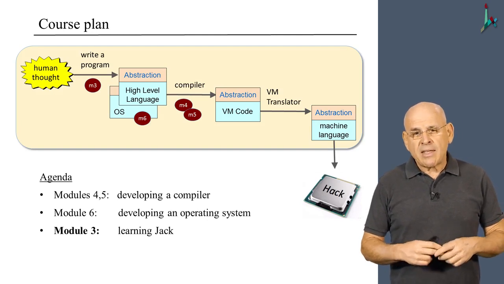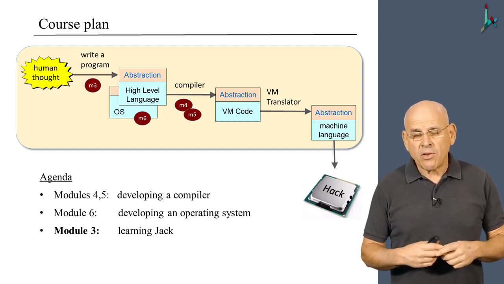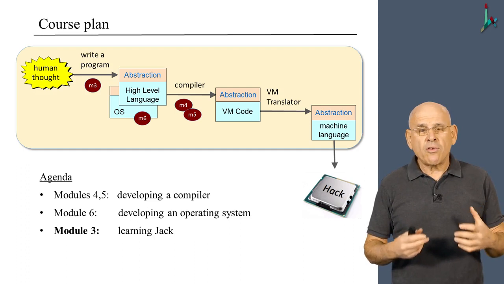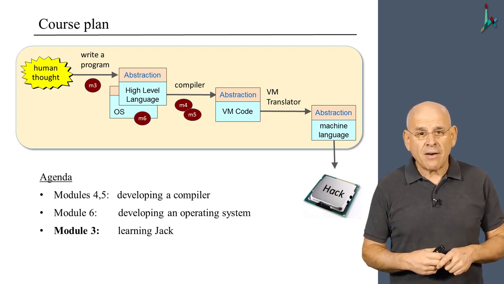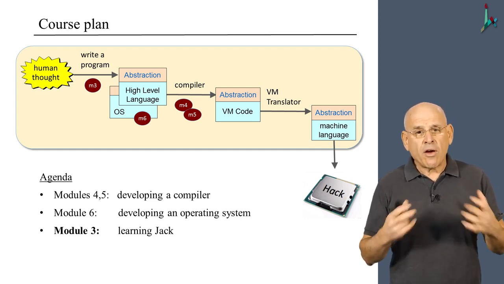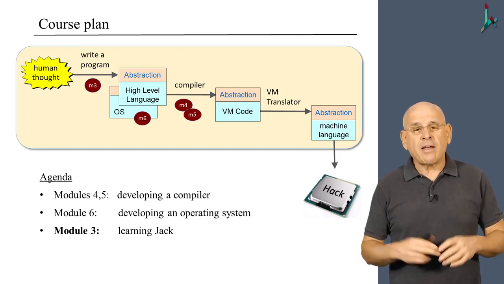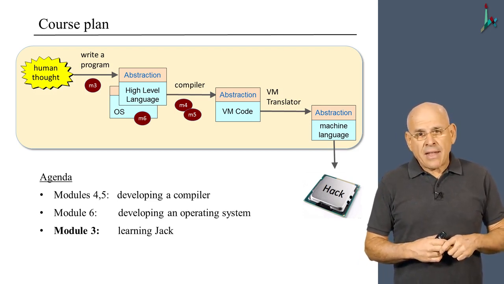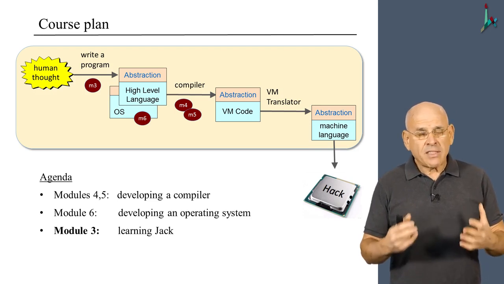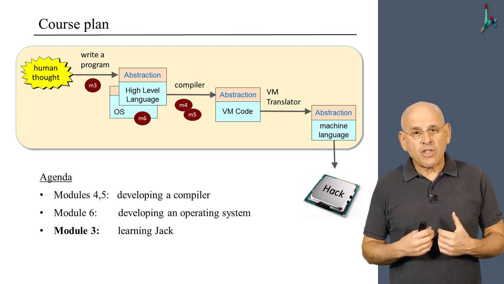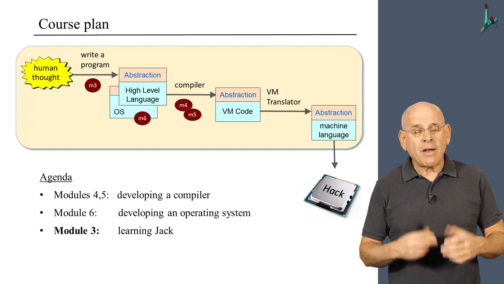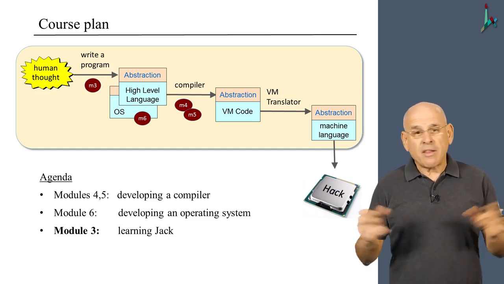And we see that in the next two modules, in module 4 and 5, we're going to build the Jack compiler. And in the following module, we're going to build an operating system for the Hack-Jack framework. And therefore, it makes a lot of sense to begin by learning Jack, because Jack is going to play a dominant role in everything that we do from now on.